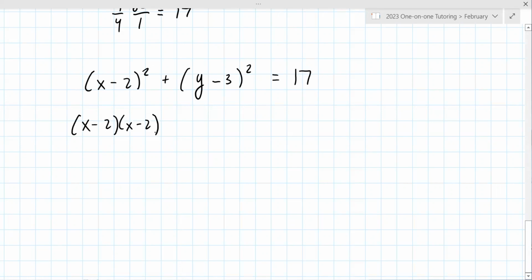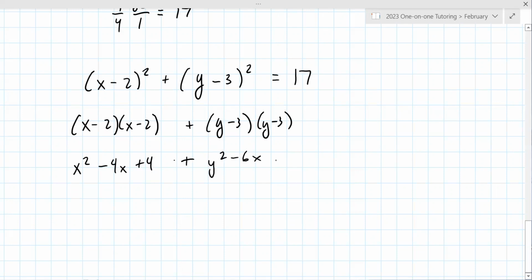So we have to foil both of these. We get x squared minus 4x plus 4, y squared minus 6y plus 9.